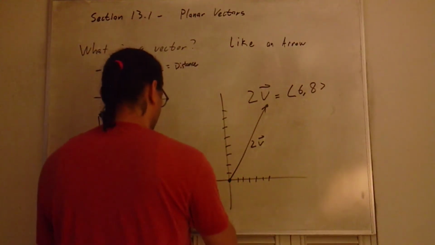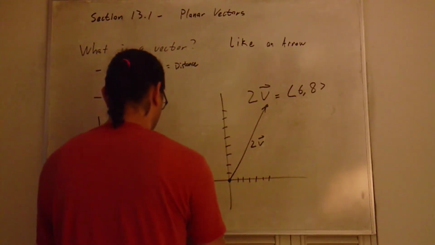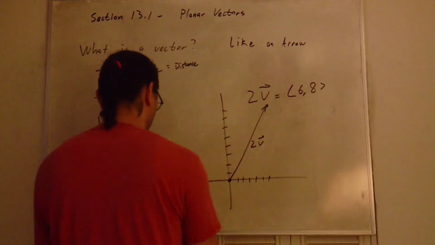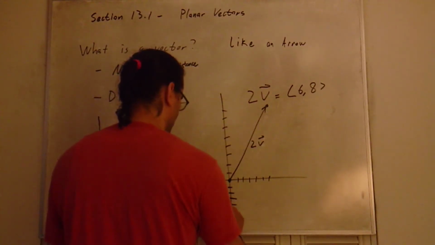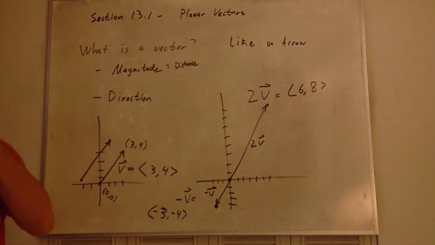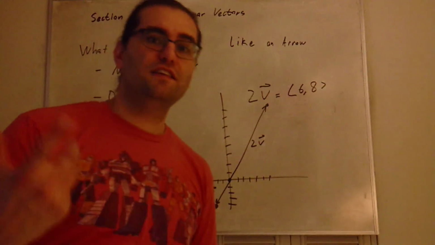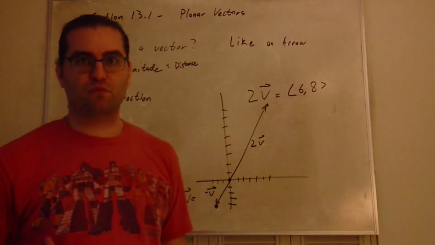Negative v is going to be negative 3 comma negative 4 in these triangular brackets. So that will take us down this way. There's negative v. So these offer us a lot more flexibility for working with them than just points do.